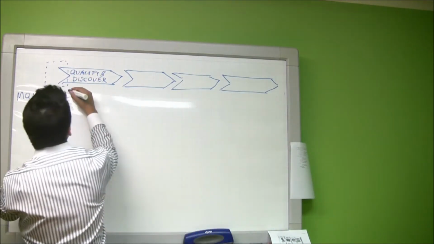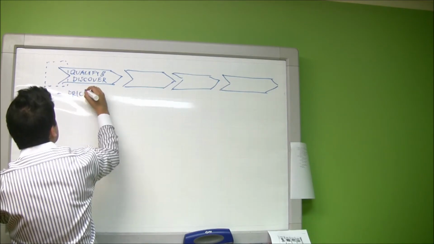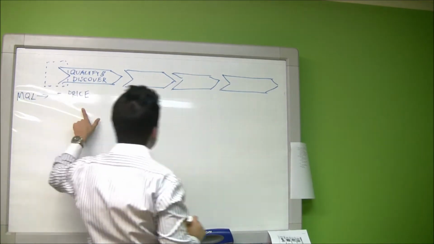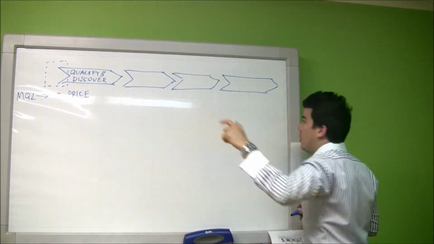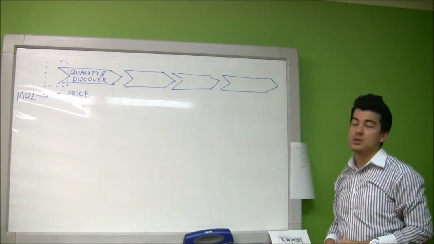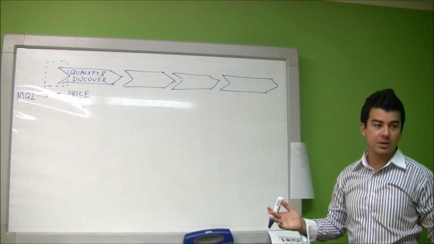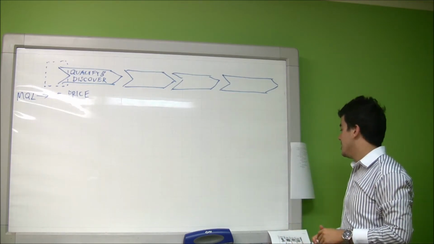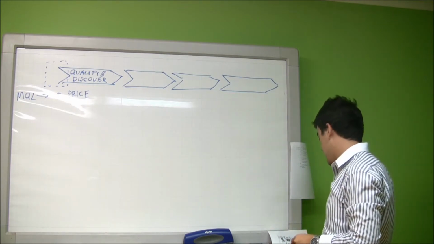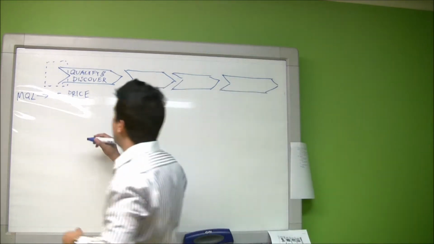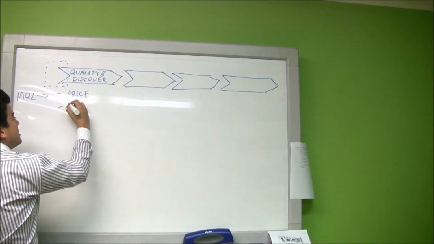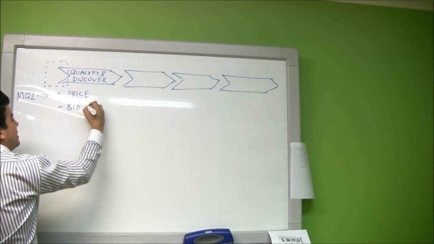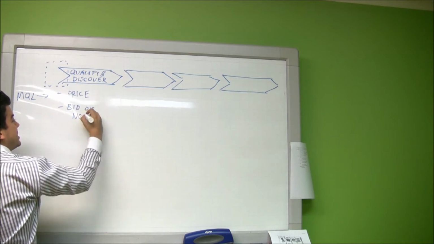So one of the things you do is price the opportunity. Right? So obviously very important. You want to be pricing what you believe as a salesperson you can get out of that deal. Obviously critical to the pipeline and the forecasting. You're also going to make a bid or no bid decision.